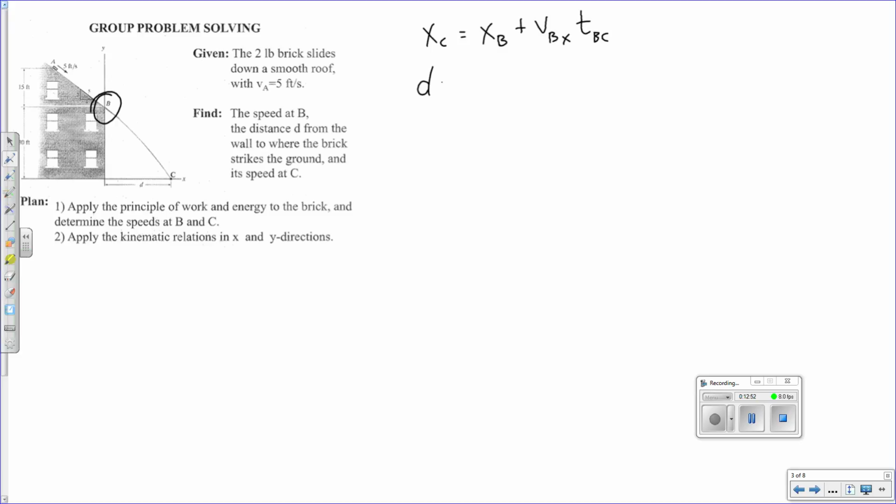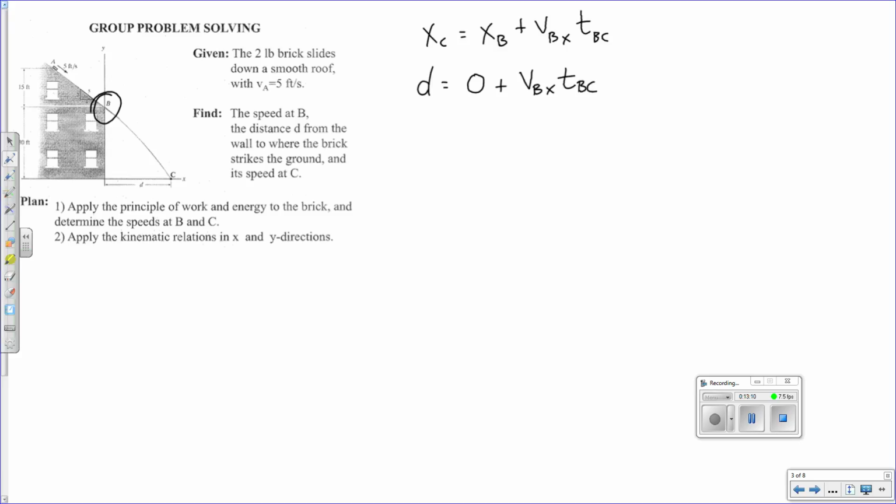We plug that in. D is equal to the initial x position, and according to how we've set up our x and y coordinates, x of b is equal to 0, plus the initial speed in the x direction times the flight time.